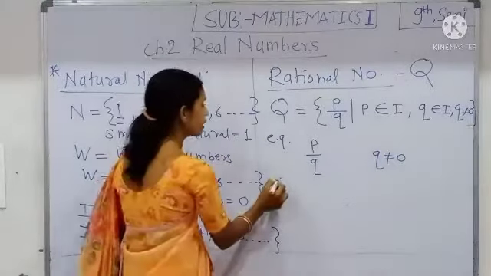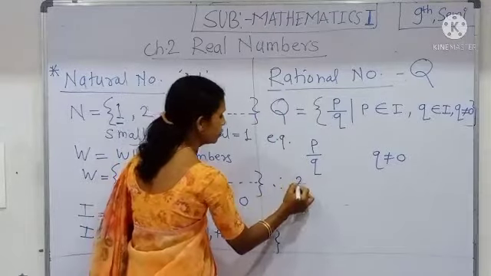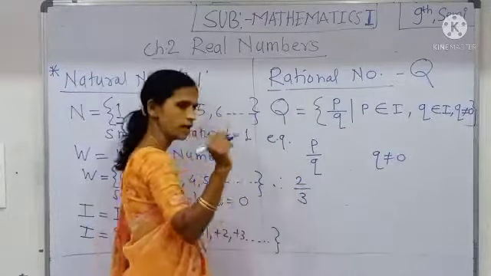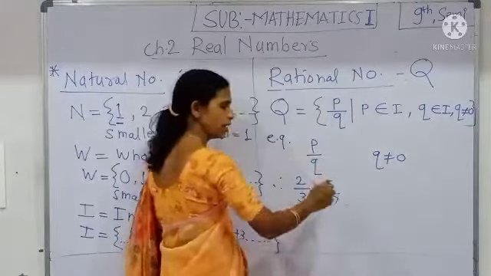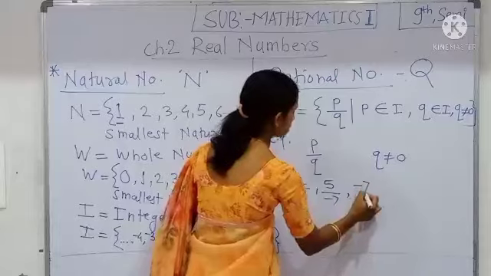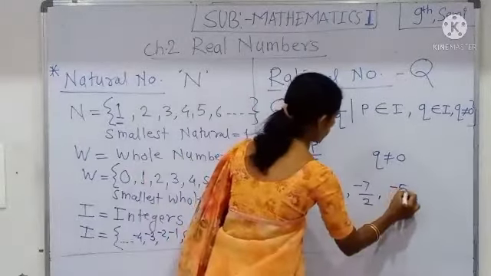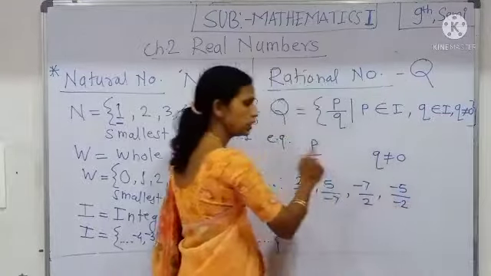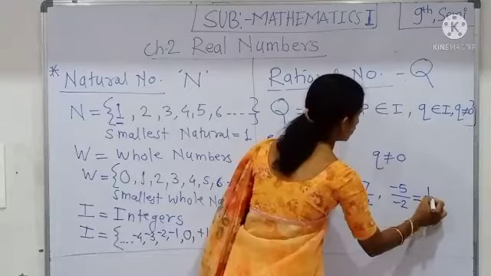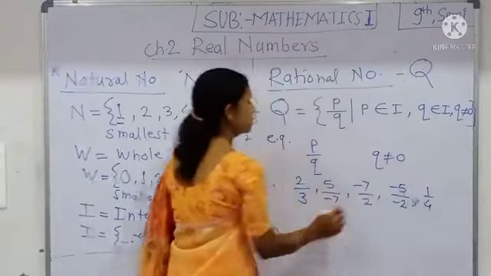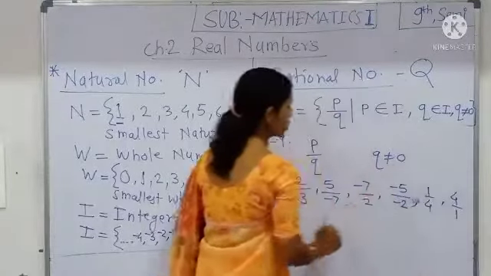Therefore, we can write a few examples of rational numbers. Here, 2 upon 3 is a rational number. 5 upon -7 is a rational number. Minus 7 upon 2 is a rational number. Minus 5 upon minus 2 is also a rational number. 1 upon 4 is a rational number, and 4 upon 1 is also a rational number.